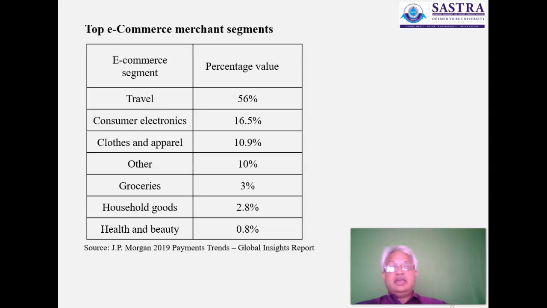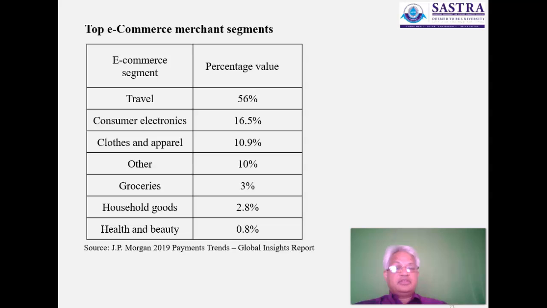In India, e-commerce, as I have informed before, is growing at a very rapid rate. And which are the major segments which are growing? If we look here, a compilation from the JP Morgan Global Insights report says that among all the e-commerce segments, the travel segment has the highest growth or percentage value of business transacted.